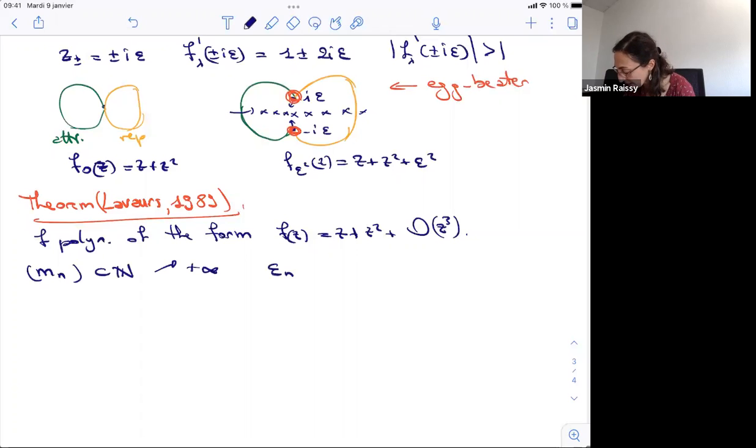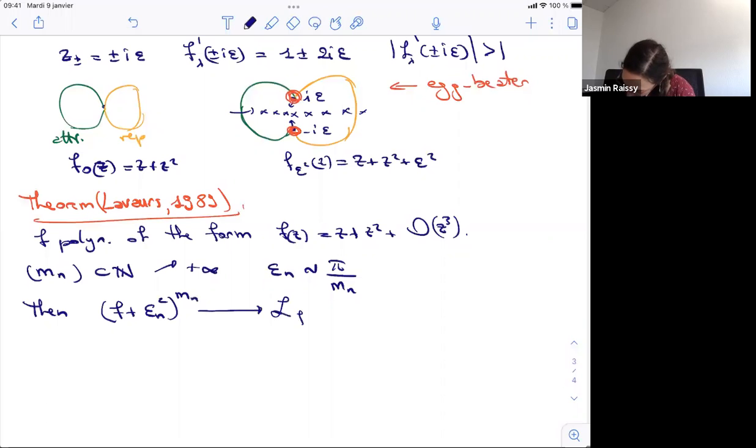And epsilon n, these are going to be my epsilons in here. And I want epsilon n such that it's behaving like pi over m n. Then f plus epsilon n squared iterated m n times converges to what we call the Lavaurs map, which is simply, I'm taking the repelling Fatou parameterization of f naught.